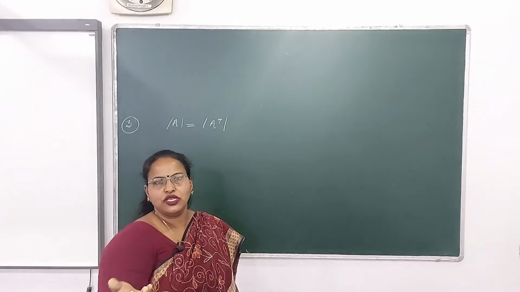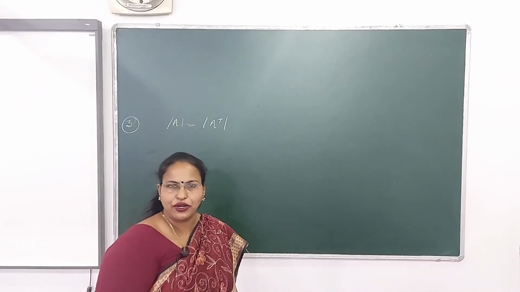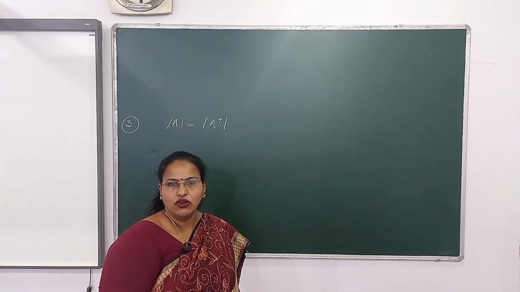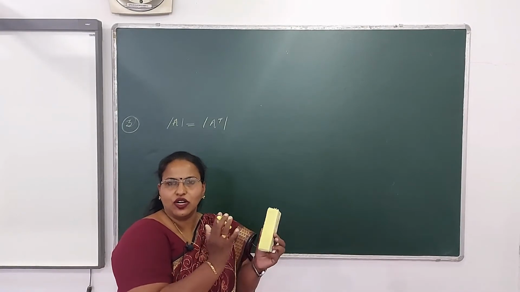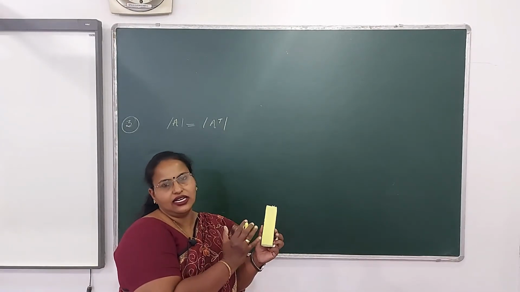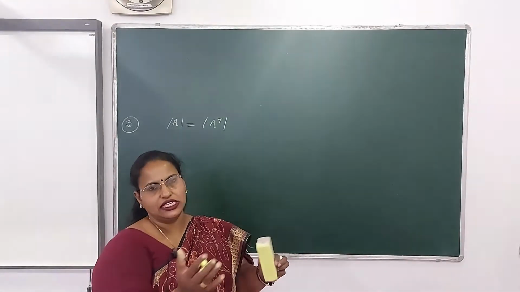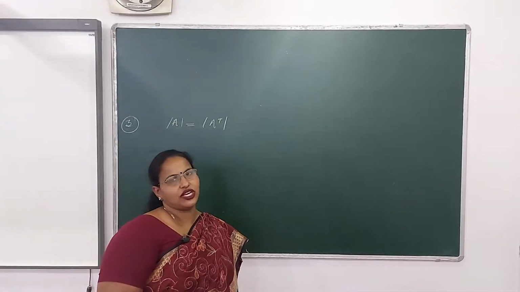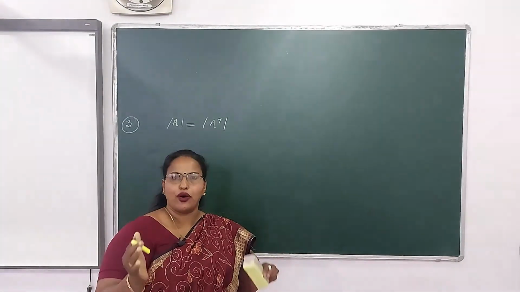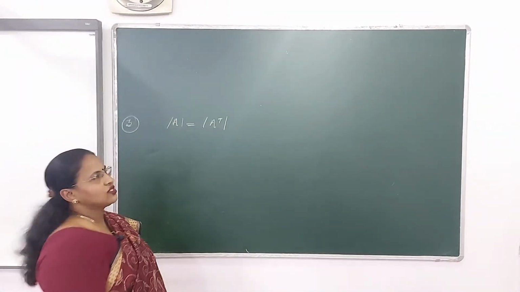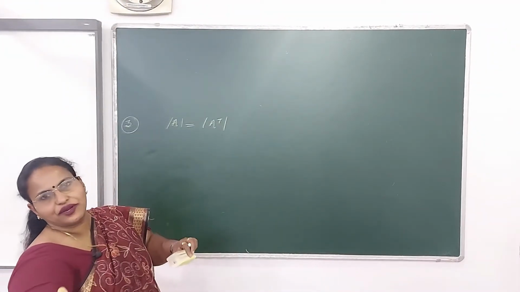Interchanging rows to column means we are getting the transpose of that particular matrix. Very important property. Okay, so determinant of A is same as determinant of its transpose.